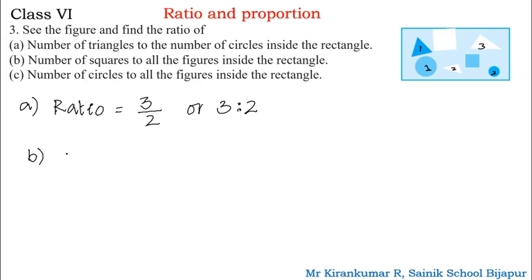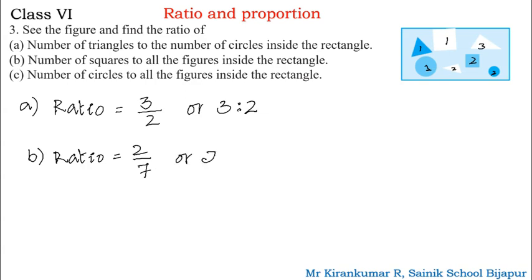For the second, it's the ratio of the number of squares to the number of all the figures. How many squares are there? There are 2 squares, divided by how many figures are there? 1, 2, and these are 3 triangles. 2 plus 3, 5, plus 2, 7. 7 are there.